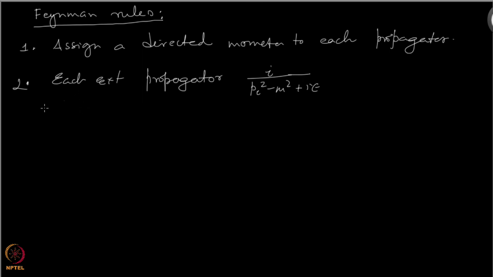Okay, then we should include 2 pi 4 times an overall energy momentum conserving delta function.